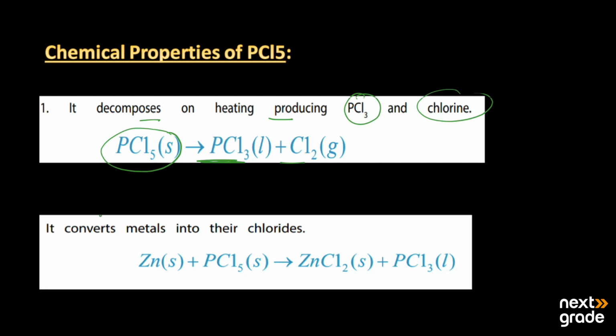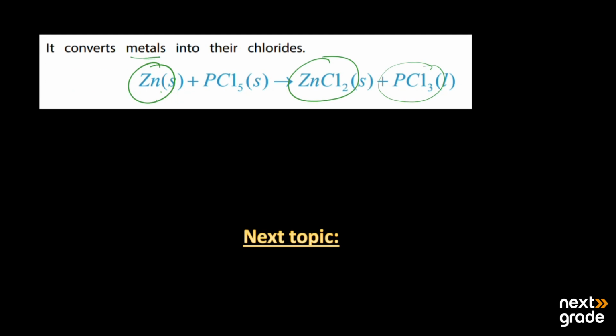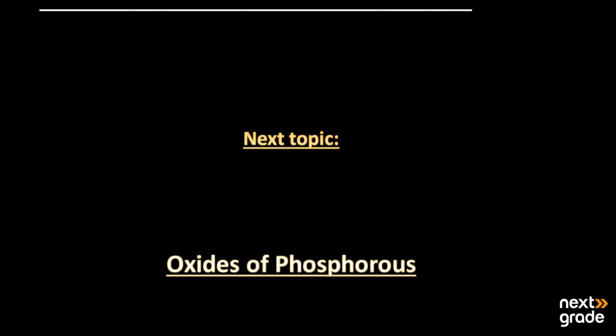Second, it can easily be converted into different chlorides by reacting with metals. When it reacts with a metal like zinc, it produces zinc chloride and phosphorus trichloride. So these are the simple chemical reactions that it can do with other substances.